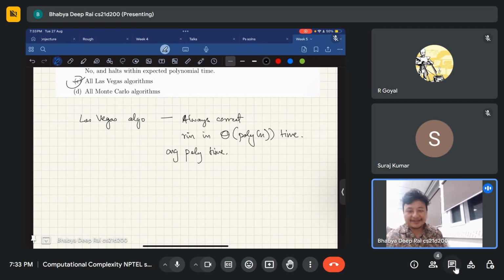So these Las Vegas algorithms are exactly ZPP algorithms.